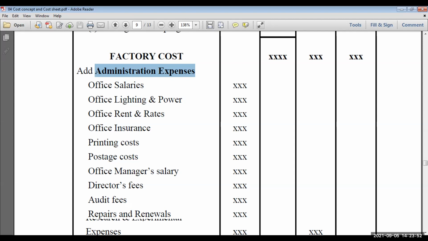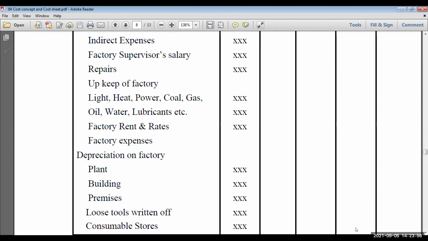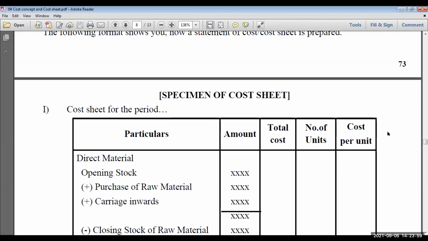That too, where the unit is easily evaluated. Look at this cost sheet. The last column is cost per unit. We have a lot of techniques to estimate the cost. One of them is the cost sheet, where you have a unit of production.